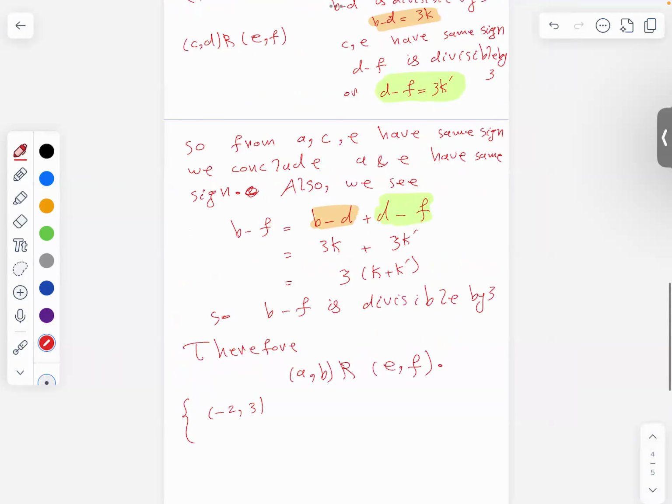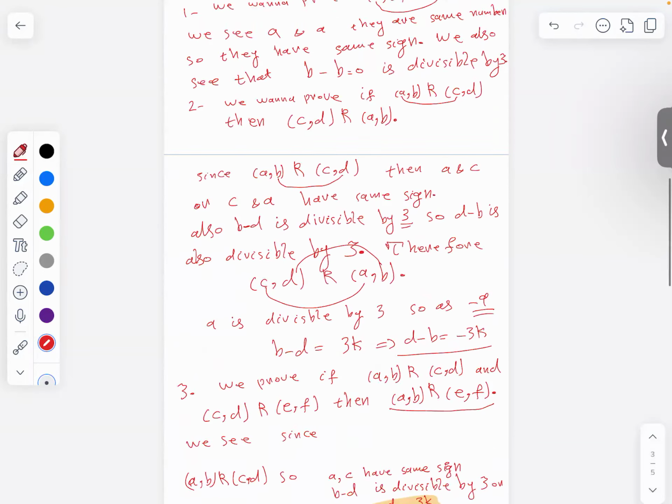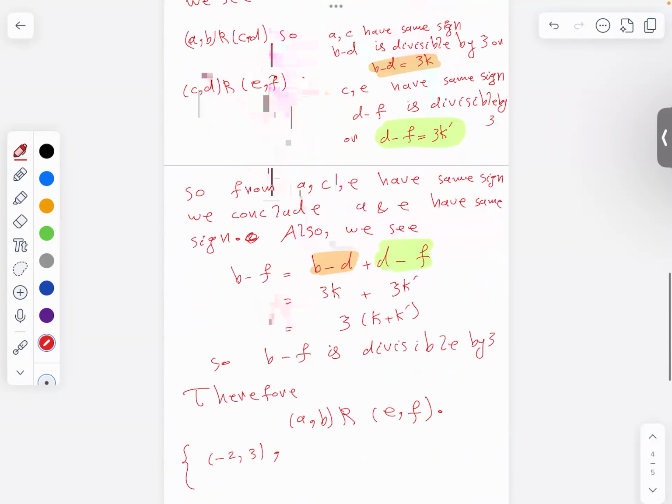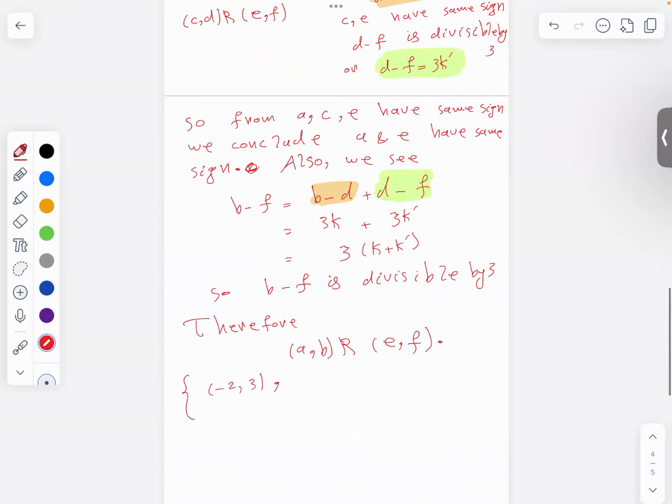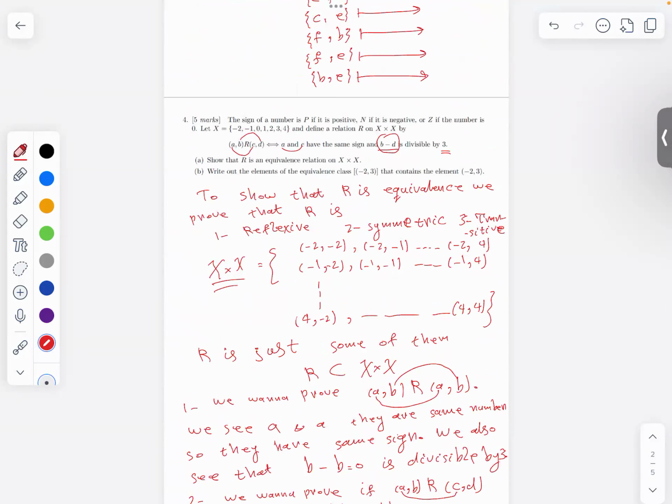So what are the possible pairs related to (-2, 3)? Let's look at this X by X part.